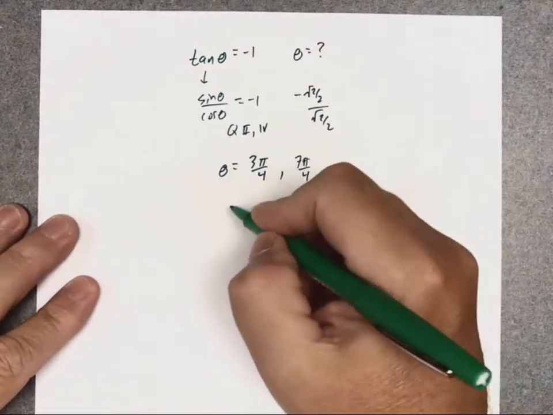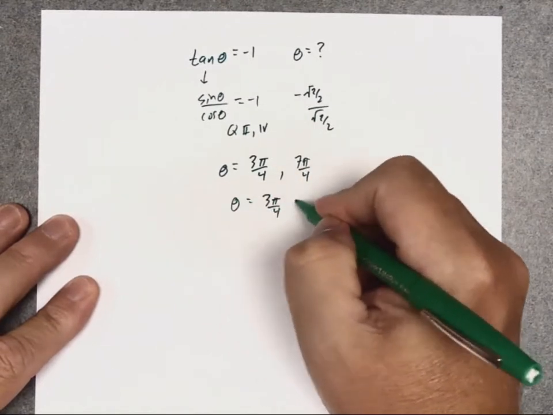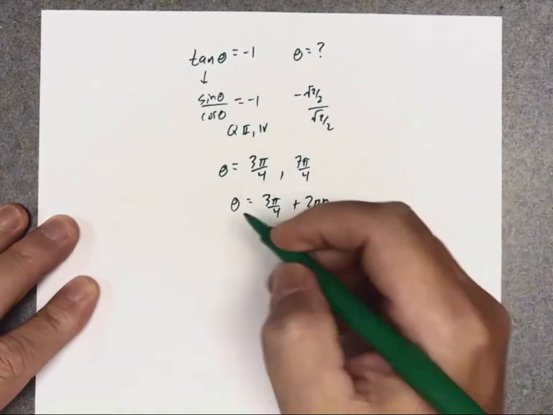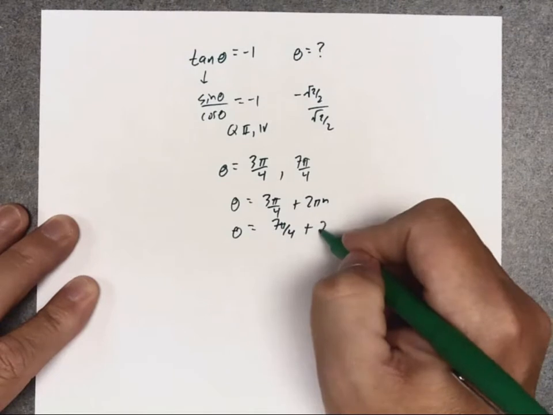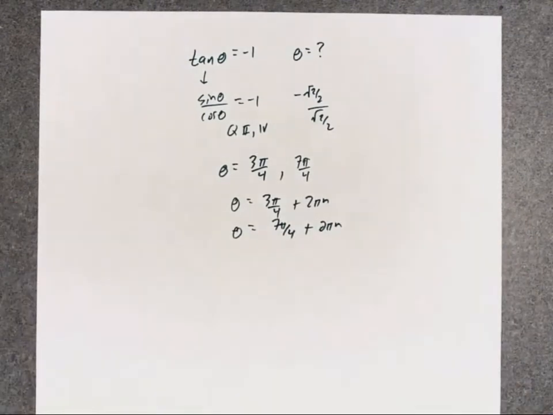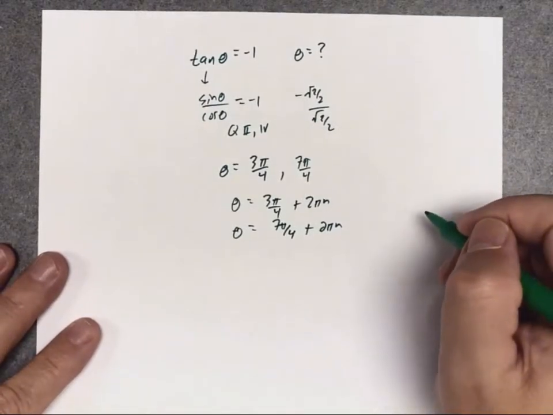You would think maybe I would have two solutions just like I had with sine and cosine, but tangent's different. Sine and cosine start repeating every 2 pi because it's one trip around the unit circle. Tangent's interesting in such that the tangent repeats every pi.